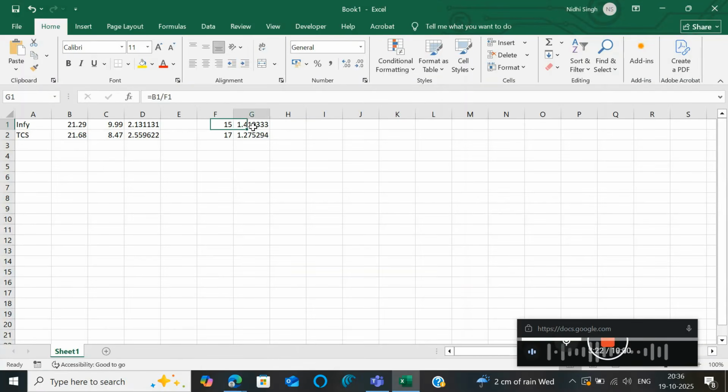The forward PEG ratio for Infosys for the next year comes as 1.41, and for TCS it is coming as 1.27. So when we factor in the earnings, if the earnings growth is higher in TCS, even though on a trailing basis it is looking more expensive from a PEG ratio perspective, suddenly on a forward PEG ratio it is looking cheaper.